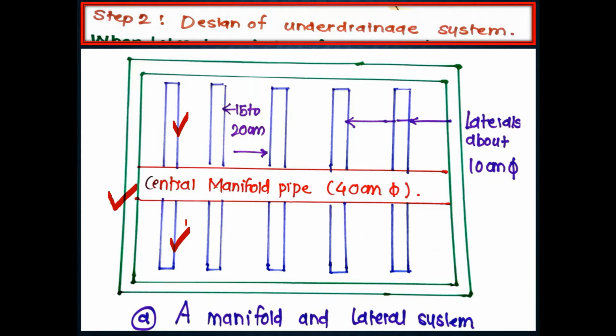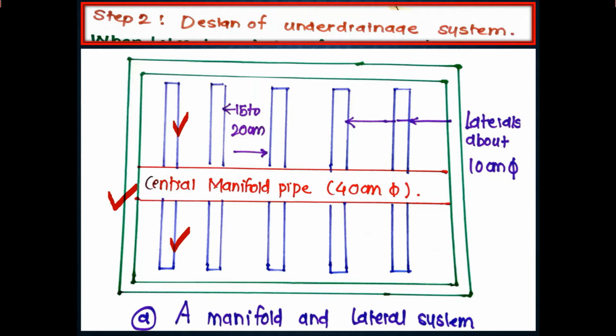The detailed design of the lateral is this, but the detailed design of the central manifold pipe we have to do while solving the example. The diameter of the manifold pipe is generally 40 centimeter, and the diameter of the laterals is about 10 centimeter. These are some assumptions that we will take as a reference.